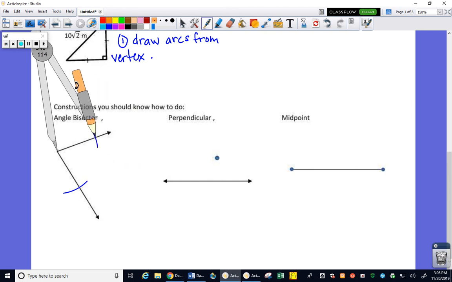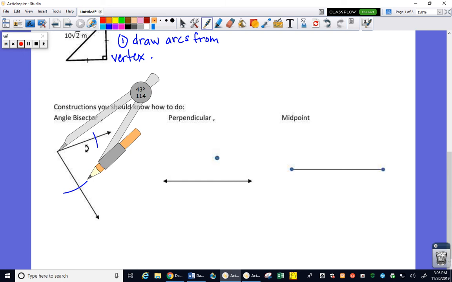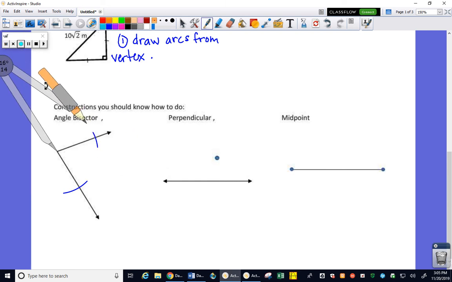Every time we do a construction, you're trying to find out where arcs are intersecting. So the next thing we do is, from your points of intersection, right here is a point of intersection, and right here, you make two more arcs, making sure that they are congruent.